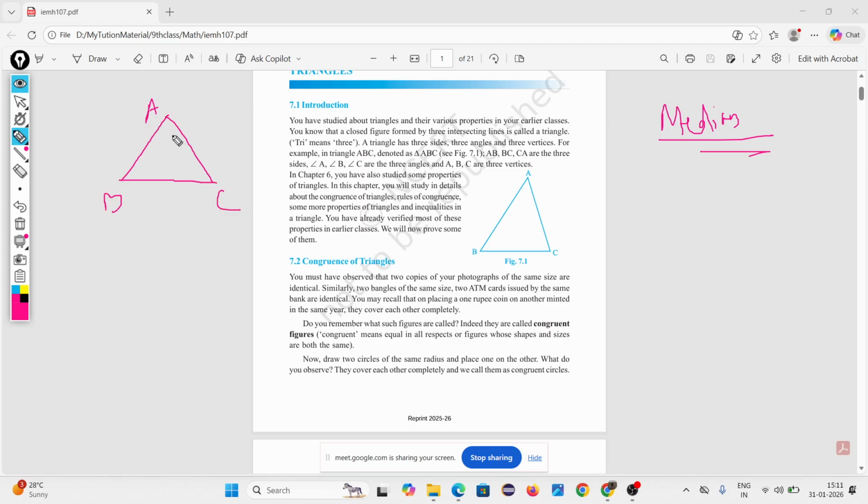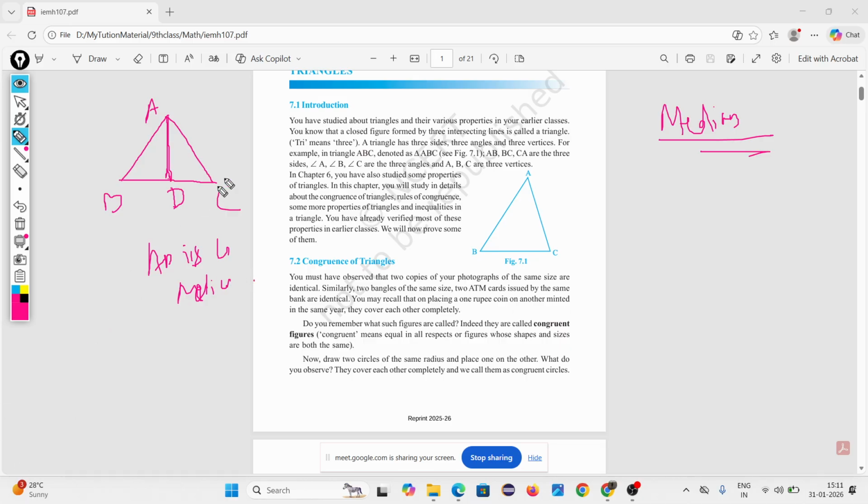The median is if you connect a vertex to the opposite side midpoint. Remember, if we draw a line from a vertex to the opposite side midpoint, suppose D is the midpoint, then AD is a median. Understand?